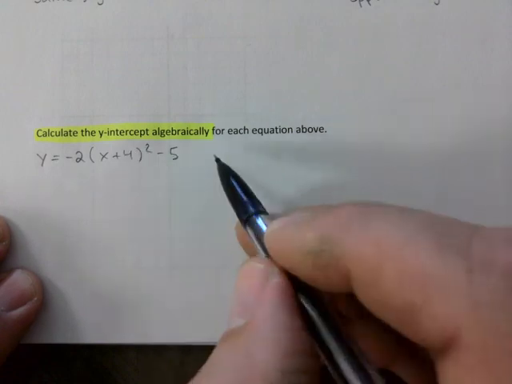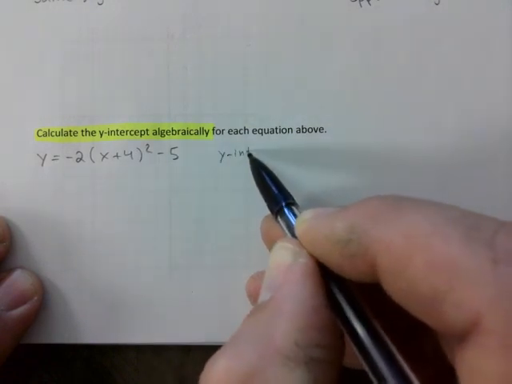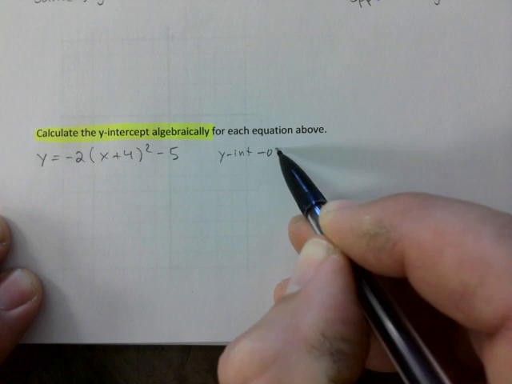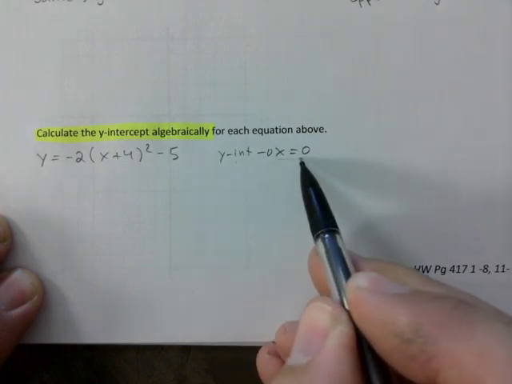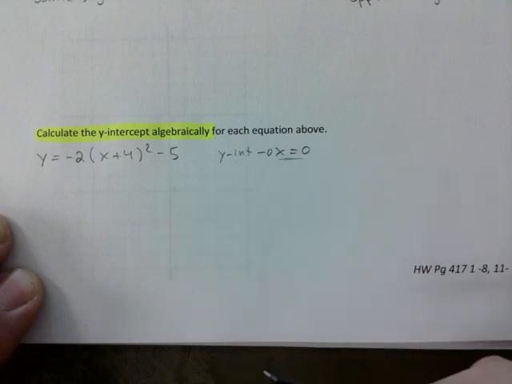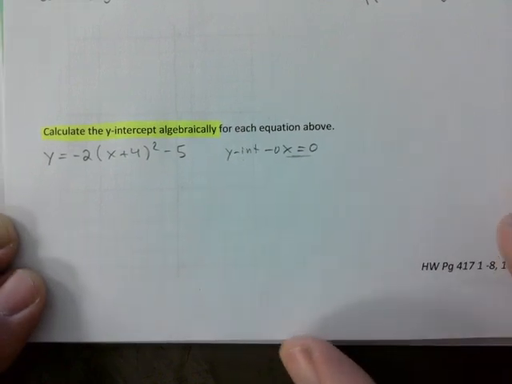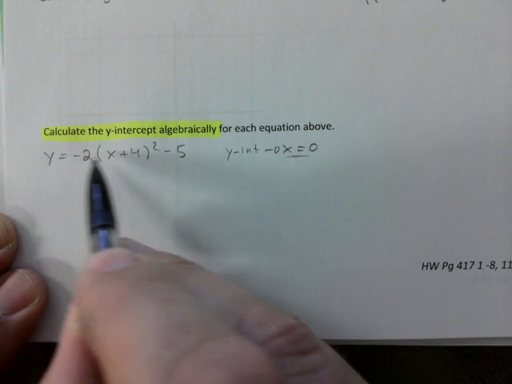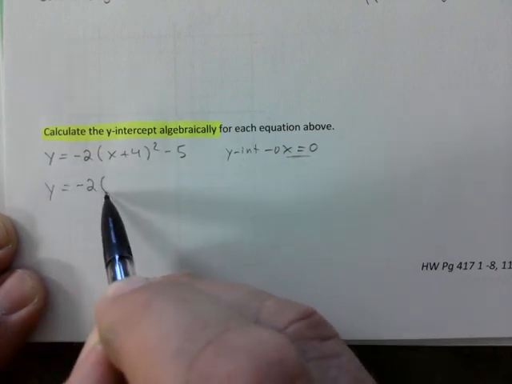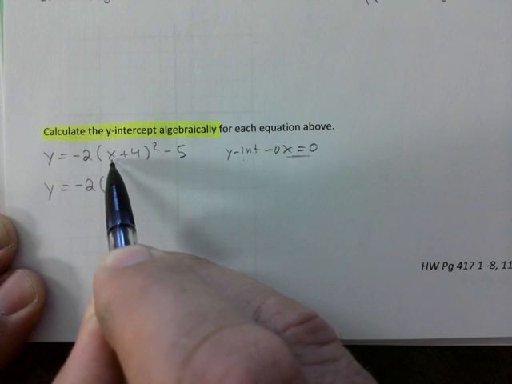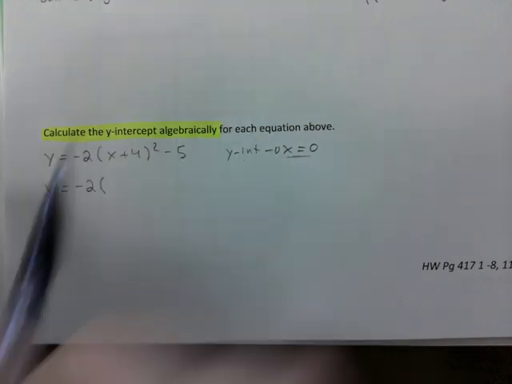So when you're trying to find the y-intercept, x is equal to 0, right? When you're trying to find the y-intercept, x is equal to 0. That's very important. So when we take this equation, we're going to say, okay, y is equal to negative 2. We insert 0 for the x value right here.